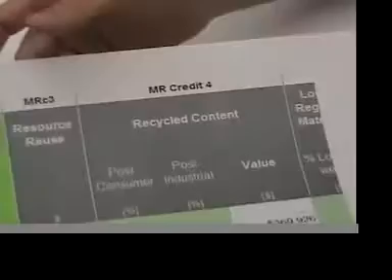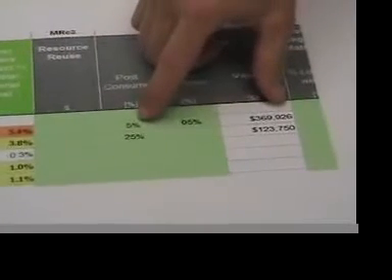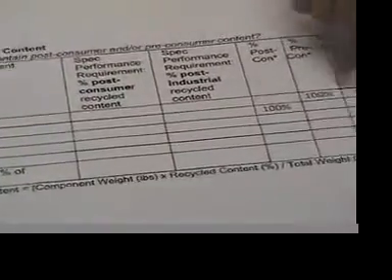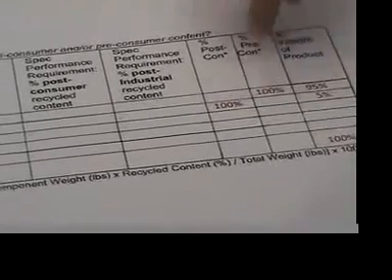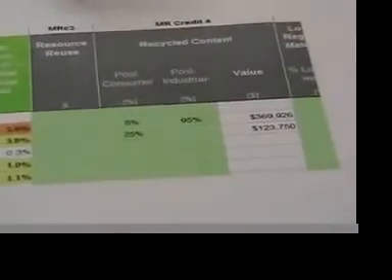Now what happens when the GC goes to their spreadsheet and puts their 5% post-consumer and 95% post-industrial, again that's coming from the fact that 5% at 100% is 5%, and 95% times 100% is 95%. That's how those two numbers are arrived at.